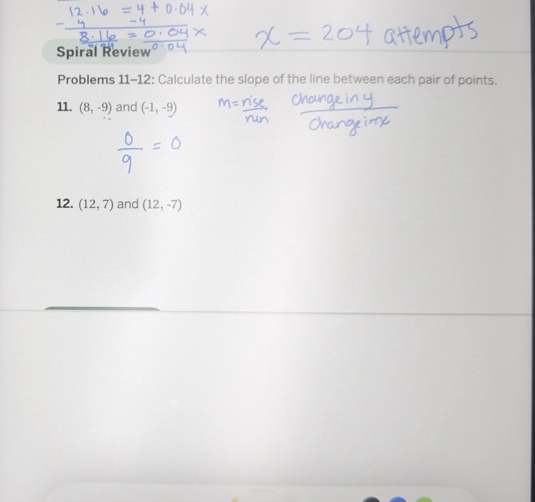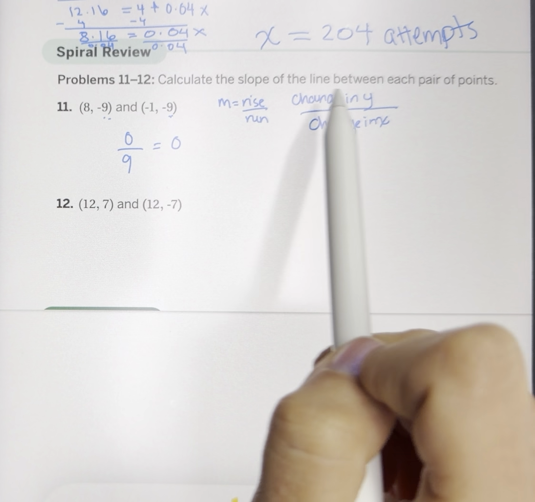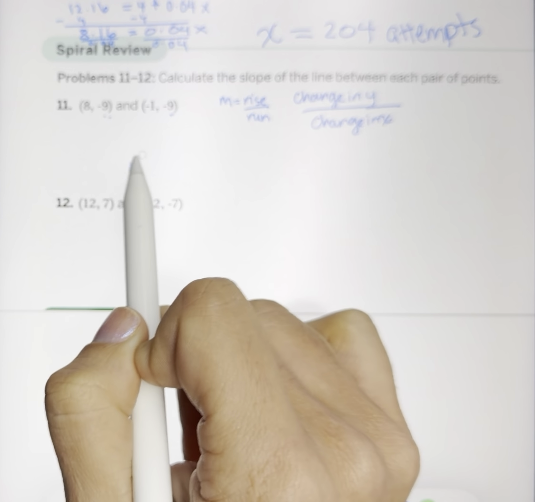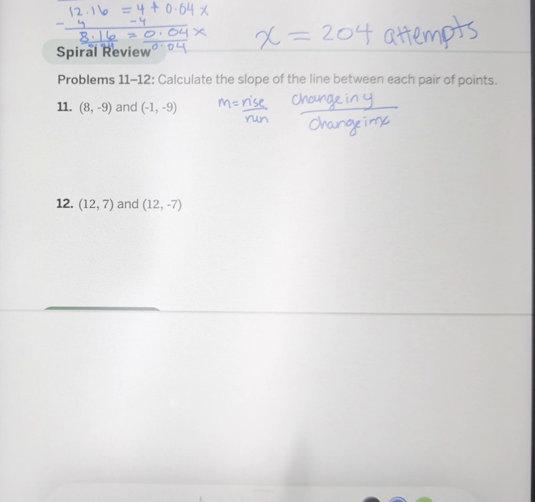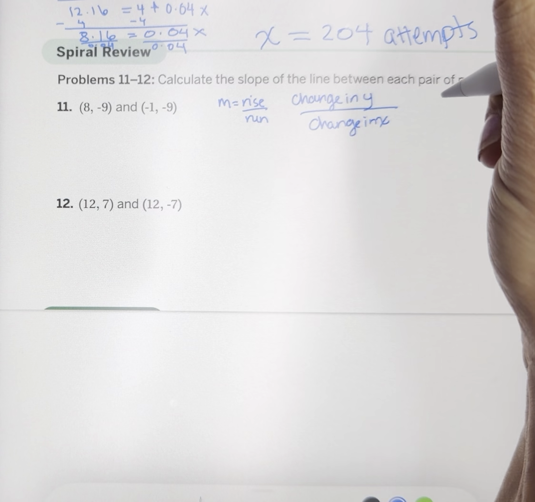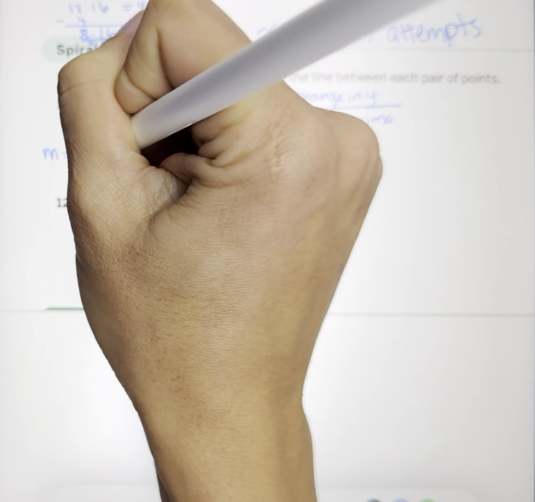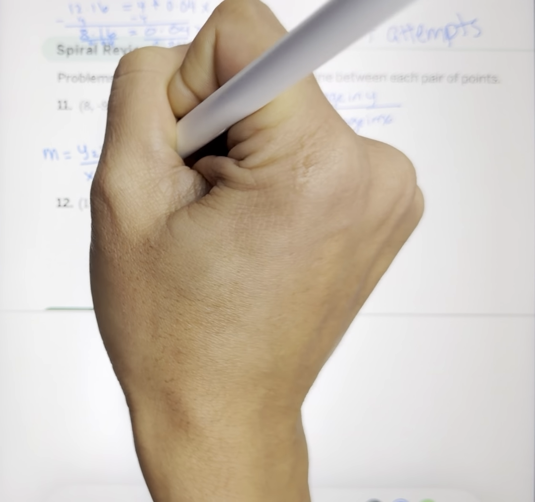So you could see how with reasonable numbers, just understanding slope, you could find it fairly easily. However, we also learned in Algebra 1 this equation, that slope is y2 minus y1 over x2 minus x1.